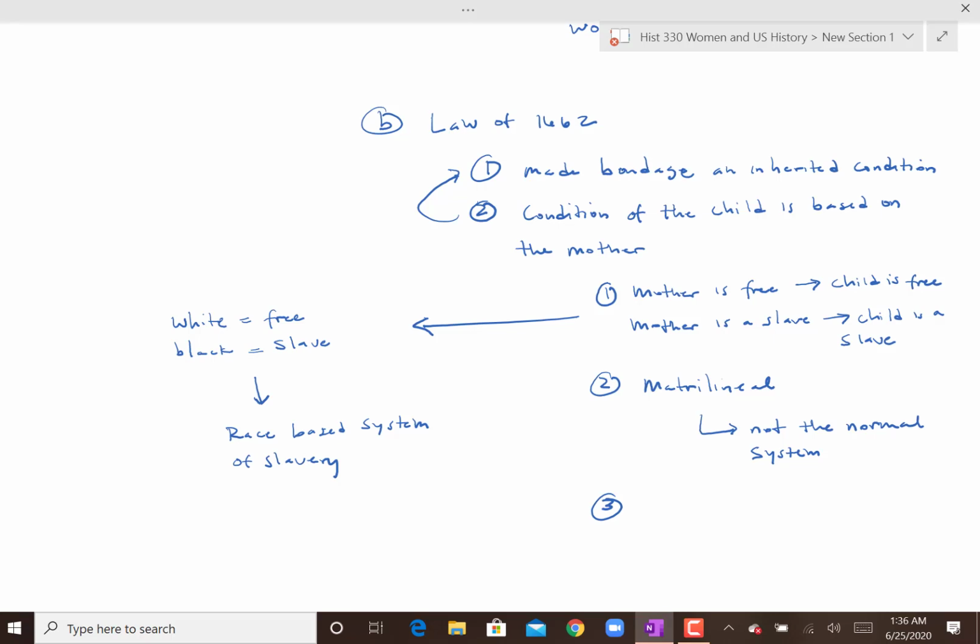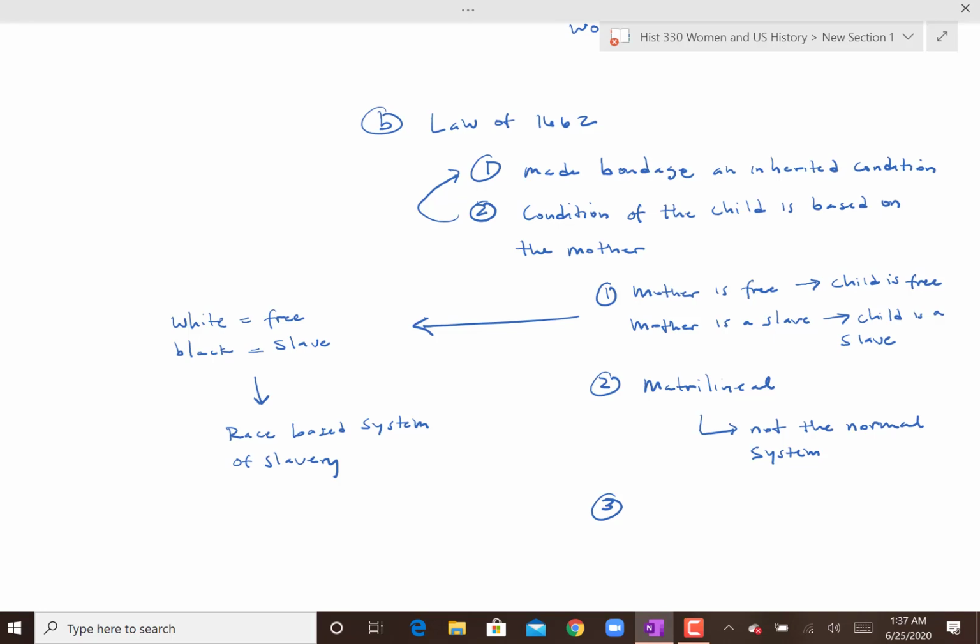If they just set up and said slavery is an inherited condition based on normal traditions of patrilineal line, then any children produced by white men essentially raping slave women, all those children would be free.